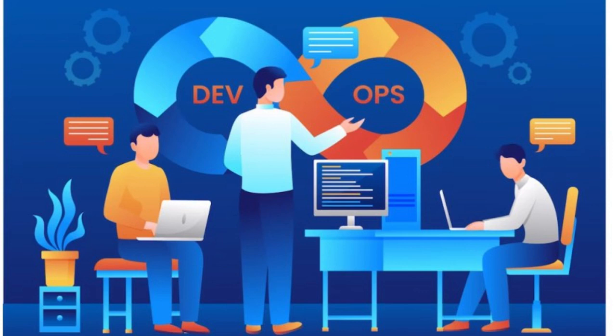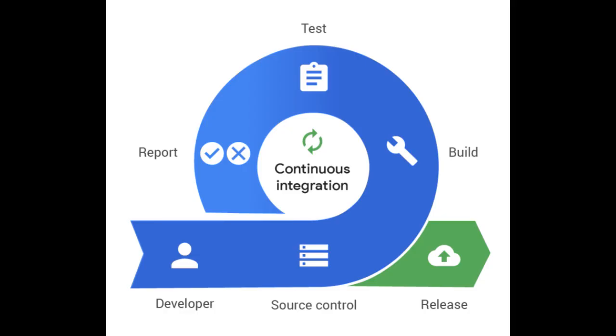Then, friends, continuous integration and continuous deployment are key practices within the DevOps framework. They focus on automating the software delivery pipeline, ensuring that code changes are integrated, tested, and deployed in a consistent and reliable manner. Normally, in general practice, we have a batch of the release which the team is deploying manually.